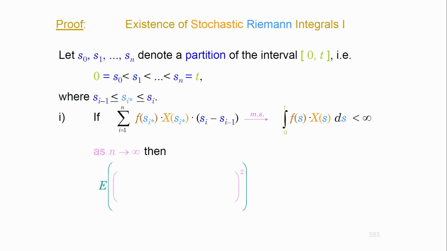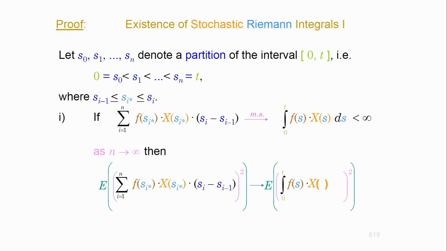So the expectation of the squares, of the sum above, is going to converge to the expectation of the square of the integral, because otherwise it would not be working. And this is going to be addressed by Fubini right now.